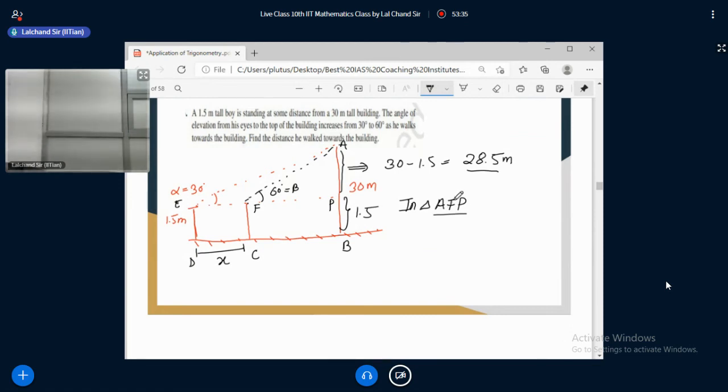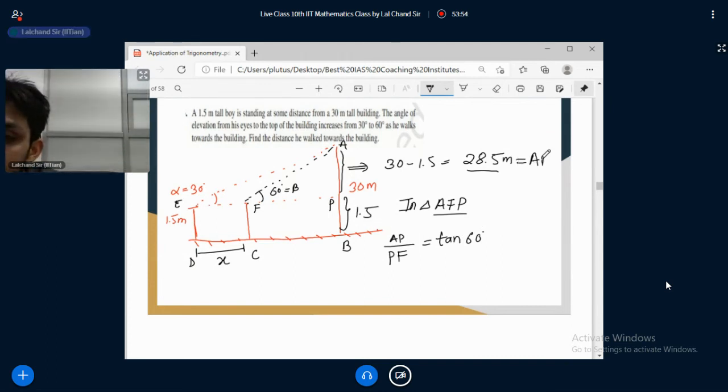Okay, if we look in the triangle AFP, so we can say AP divided by PF is equal to tan 60, isn't it? So what is the value of AP? The value of AP is 28.5. And what is the value of PF? We don't know. Let's suppose up to this length is variable y.